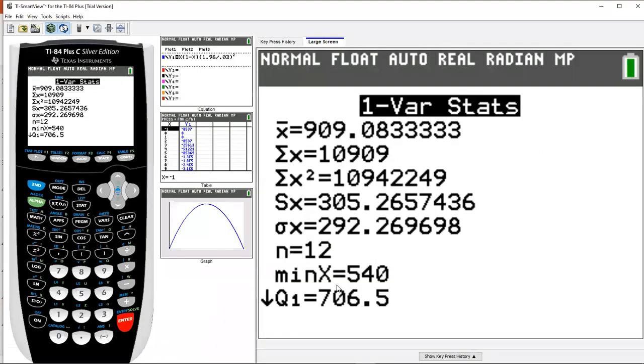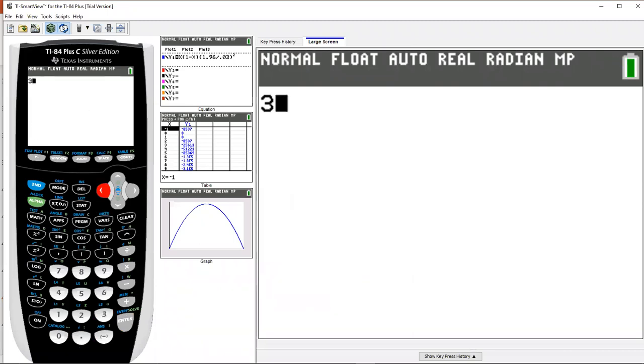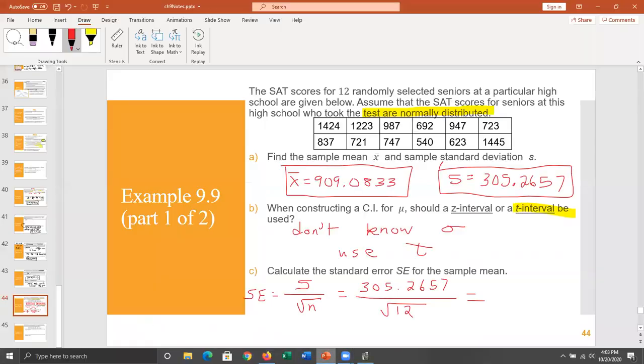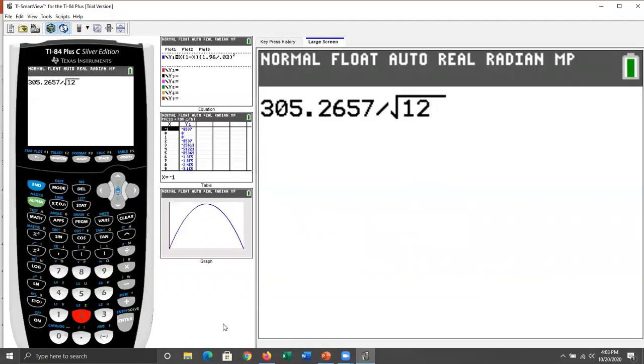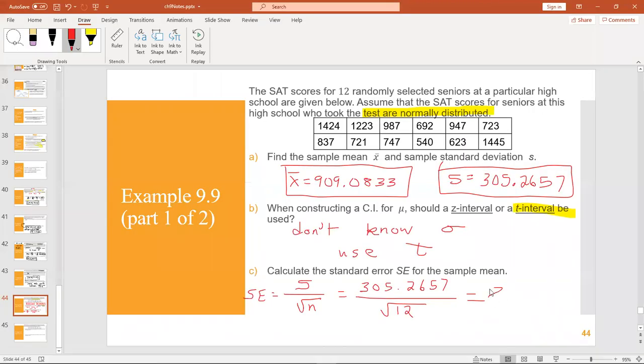So let's see what that is, shall we? 305.2657 divided by the square root of 12. All right, so we'll do that. 88.12 is what that is. All right, so that's that one.